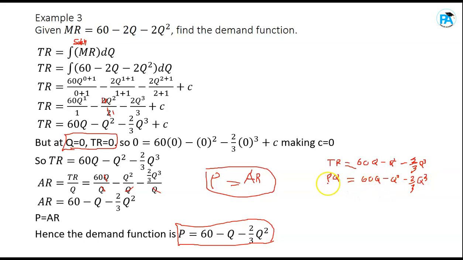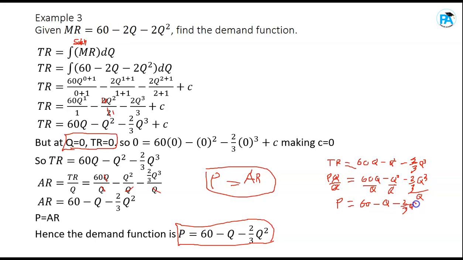So if that is the case, you want to make P the subject, isn't it? To make P the subject, we divide through by Q. When we divide through by Q, this Q will take away this Q, so P will now be the subject, equals 60Q divided by Q gives you 60, minus Q squared divided by Q gives you Q exponent 1, minus 2 over 3Q cubed will give you 2 over 3Q squared.